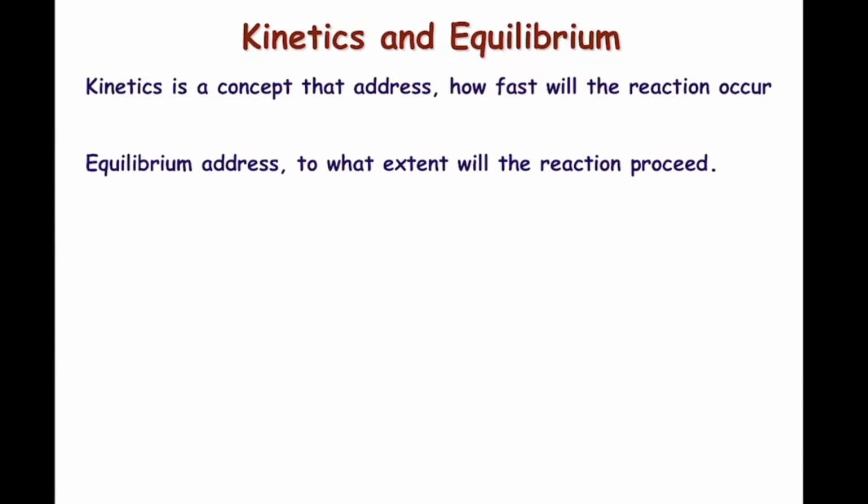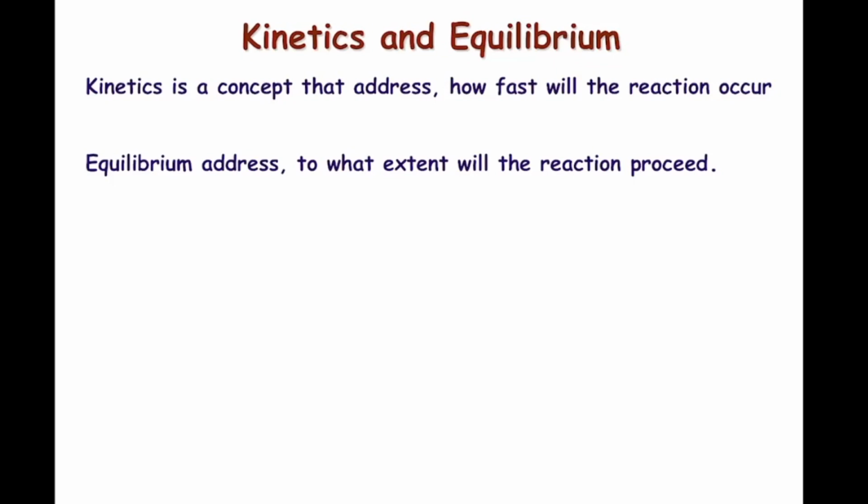What happens is that you get enough products built up in the reaction that some of the products start back reacting and combine with each other and form the reactant, the starting material. So when the rate at which the product is formed is equal to the rate at which the reactant is reformed, you've reached equilibrium. And usually chemical reactions will attain that.